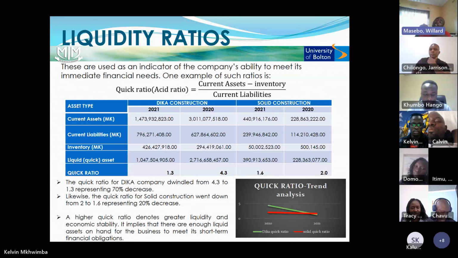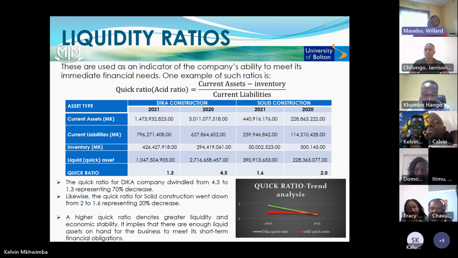But then looking at the trend itself, in this case, looking at 2020 as compared to 2021, I see both companies have higher ratios in 2020 and low ratios in 2021. We will all agree that in 2020 the companies have higher quick ratios, which shows that they can manage to pay their debt within the shortest time. Similarly, in 2021, they can manage because their ratios are still positive.